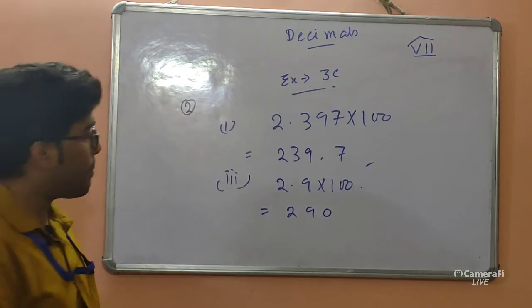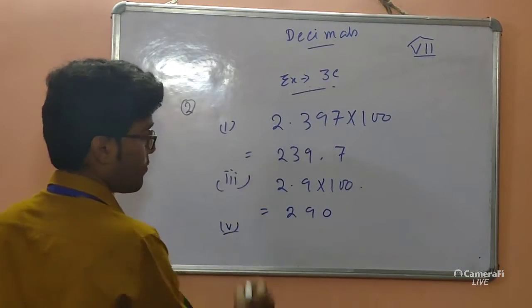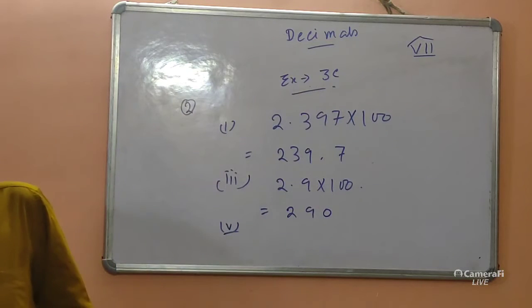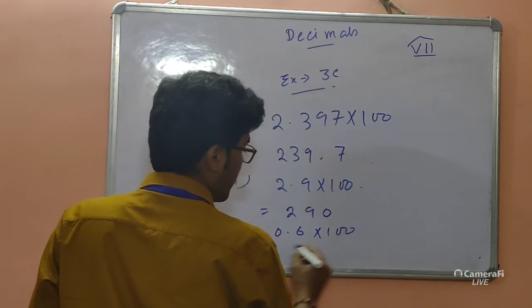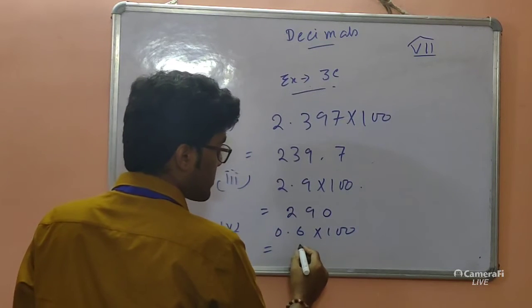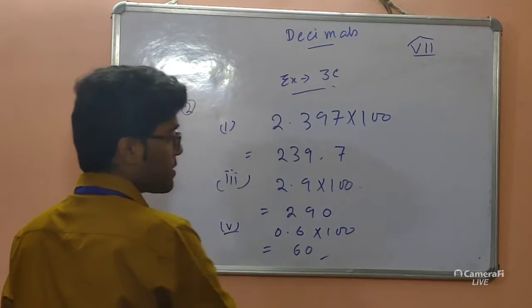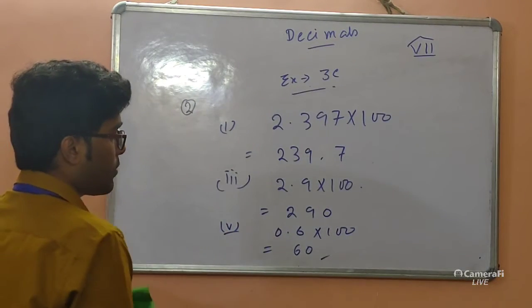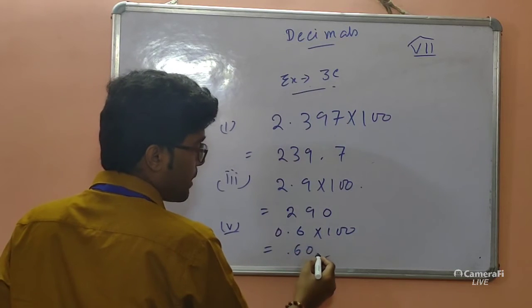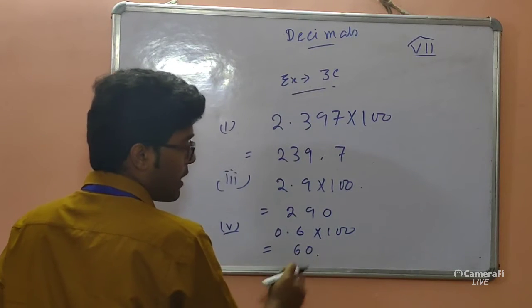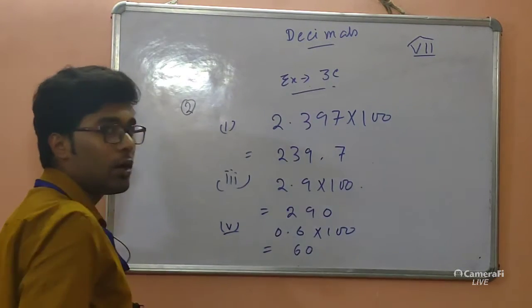Let us do question number 5. 0.6 into 100. So again the point will shift 2 places. Clear? So it becomes 60. After the point no digit is there, therefore we will not consider the point.